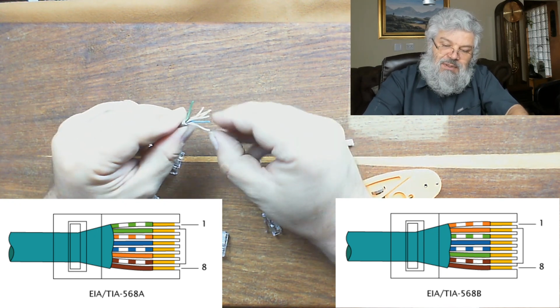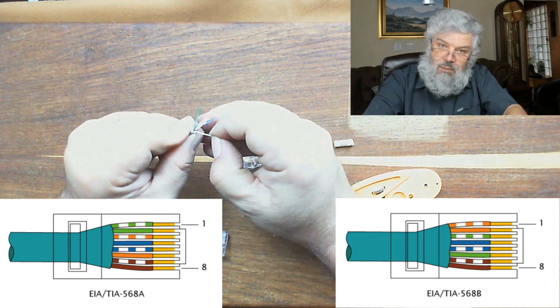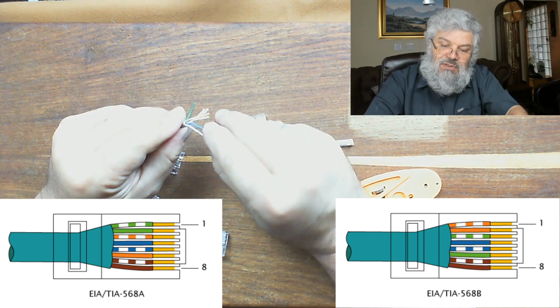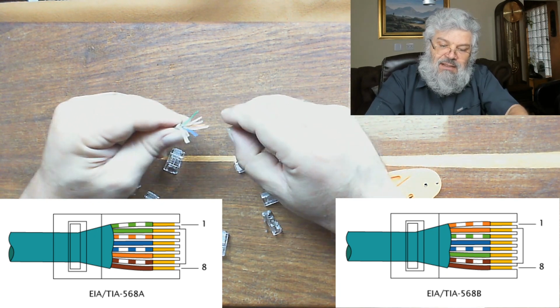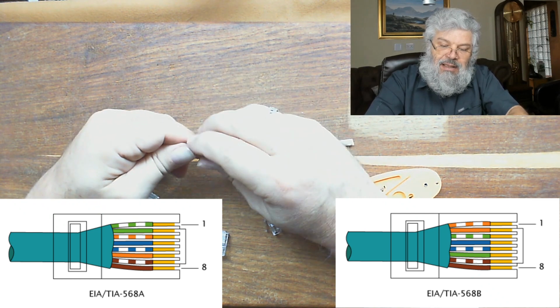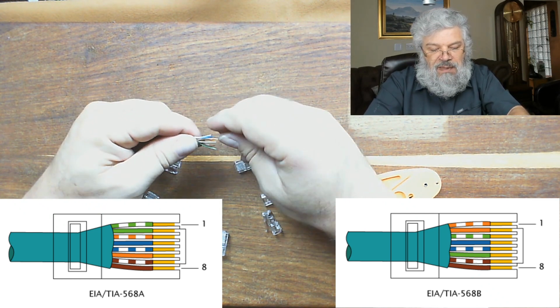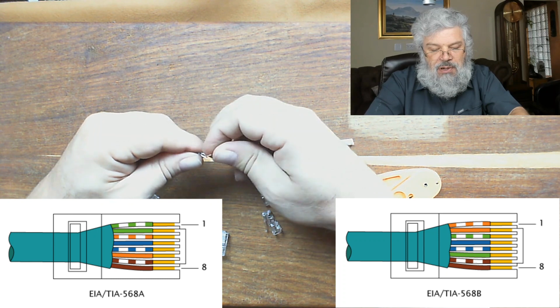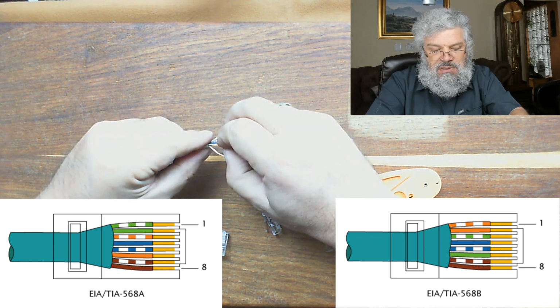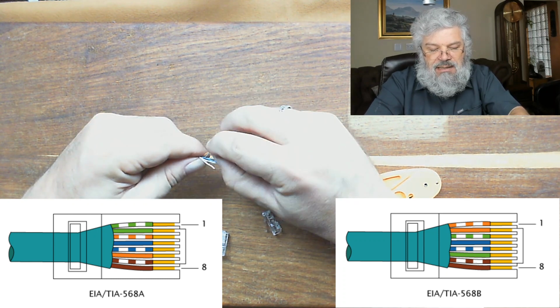On a gigabit per second, all 4 pairs will be in use. So straighten these out and then arrange them in the appropriate sequence depending on the standard that you're using.